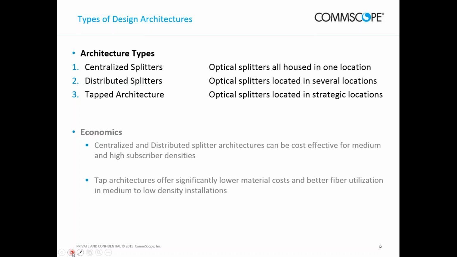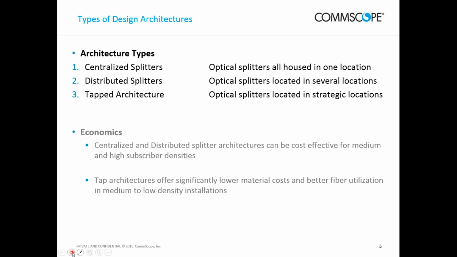So it's typical that we use 1x4 and 1x8 splitters in a distributed architecture to yield us that 1x32 split, which equates to about a 17 dB loss, and that fits into the network design criteria with regard to optical loss in the system.